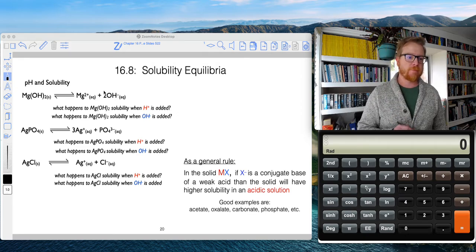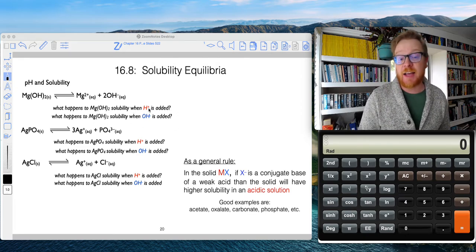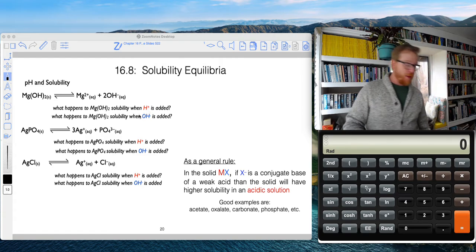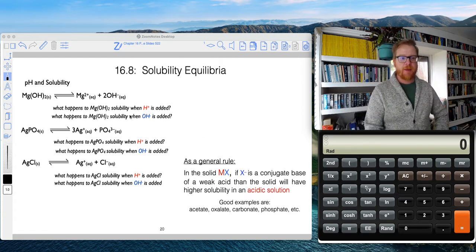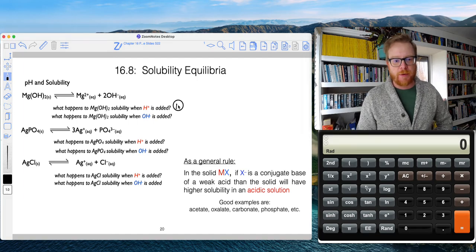All right. What happens as we add H plus? Well, if you think about that, the H plus, we remember, is going to react with the OH minus and make H2O.